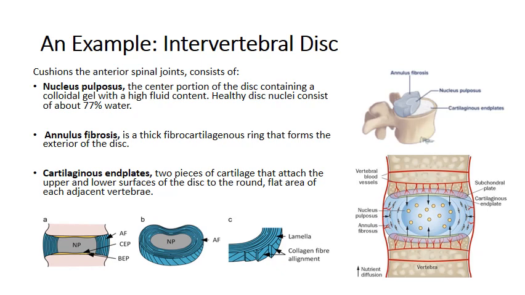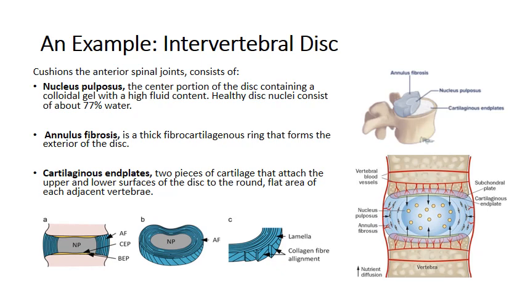The intervertebral disc has three parts. The middle part, which we call the nucleus pulposus, is like a small ball filled with colloid gel. And 77% of the material of this jelly is water.